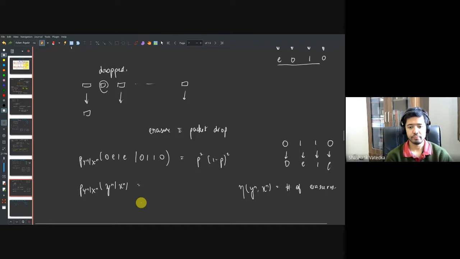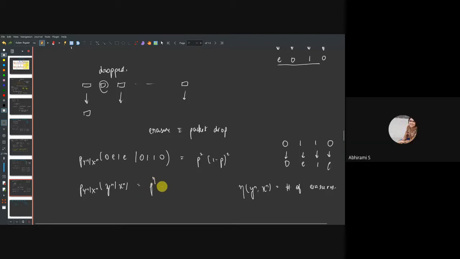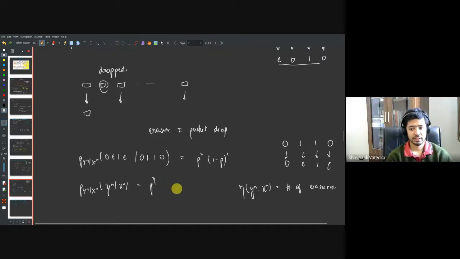P to the power eta. Is this it? What about the remaining locations?